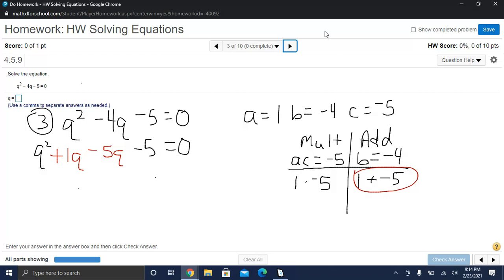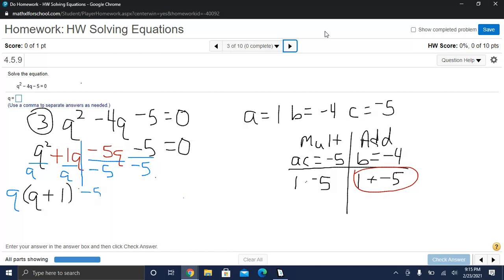And then I can cut this, look to see that I can divide both of these terms by q, which would give me q, and then the parentheses, q squared divided by q would be a q plus, and then 1q divided by q would be a 1. On the other side of the cut line, I could divide by -5.